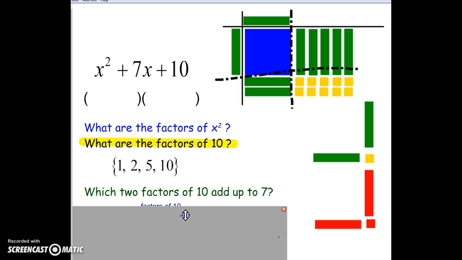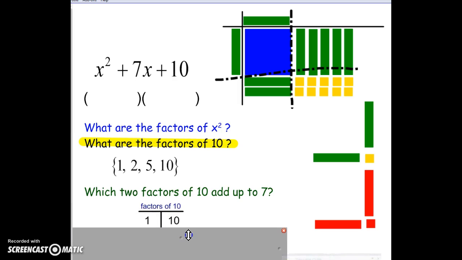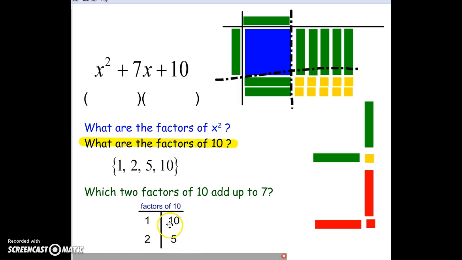And then thinking about which of those two factors add up to 7. 1 and 10 don't add up to 7, but 2 and 5 do add up to 7. So I would need an x plus 2 and an x plus 5.